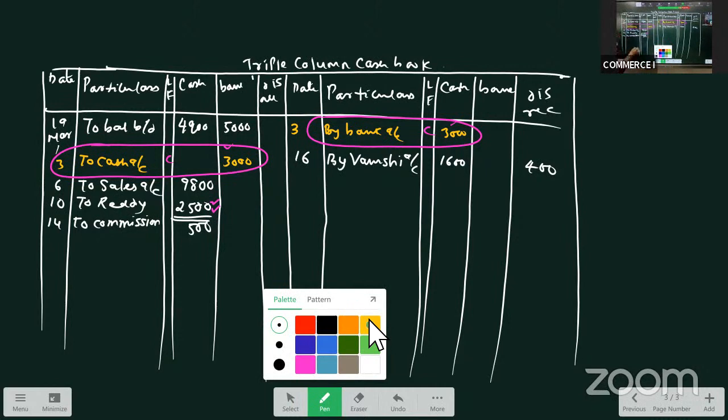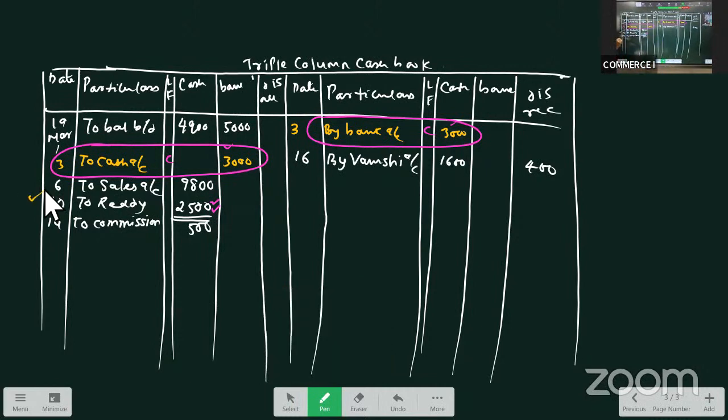Then 18, Reddy's check deposited into bank. The check which we received on 10th is deposited into bank on 18th. So on 18th, we will write this as a contra entry: to cash, amount in the bank column; same entry on the credit side as by bank, amount in the cash column.